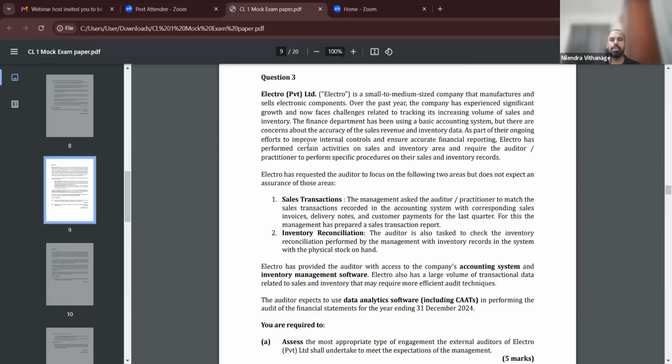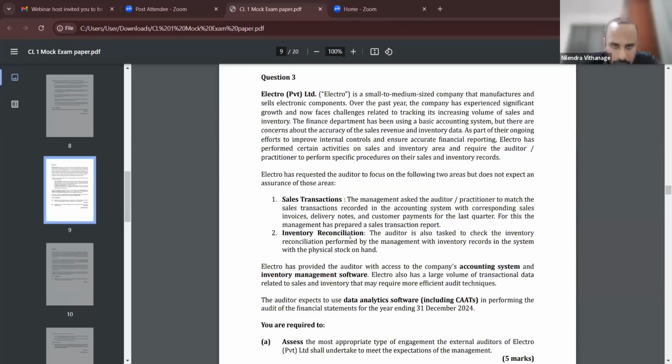No assurance needed, only procedures agreed with the client. What is the engagement? Sri Lanka Standards on Related Services revised 4400, agreed upon procedures, students, no assurance given.